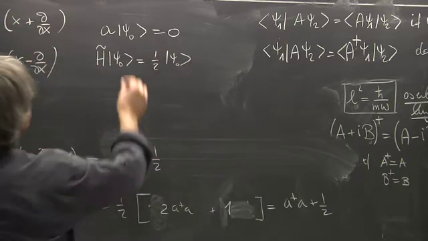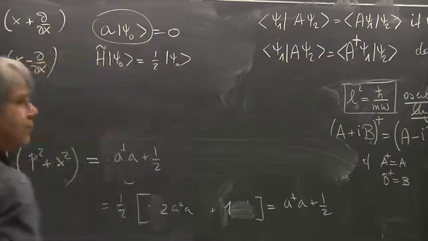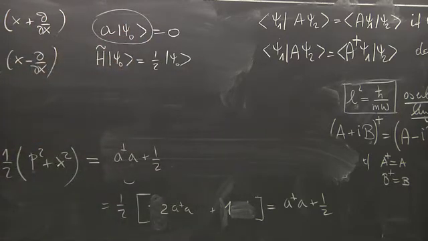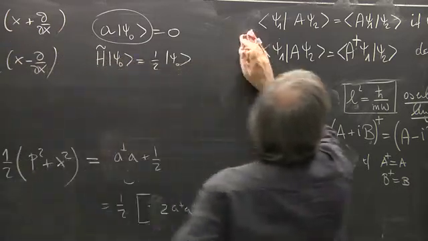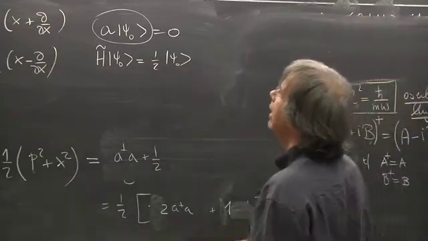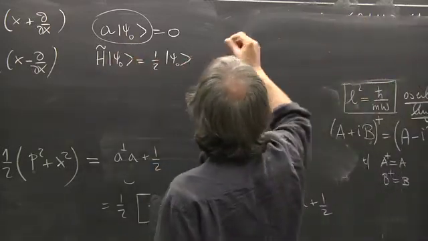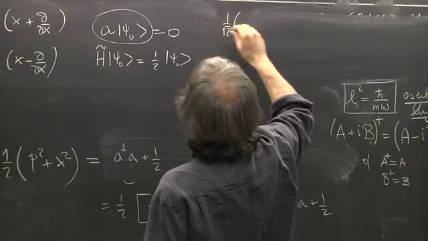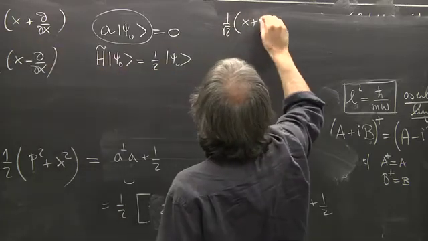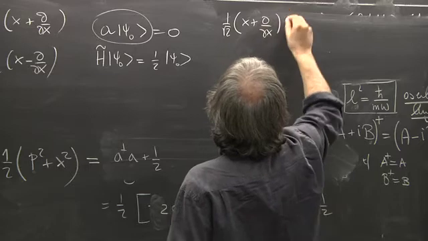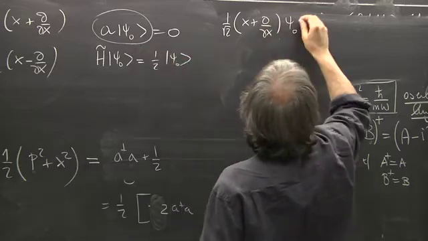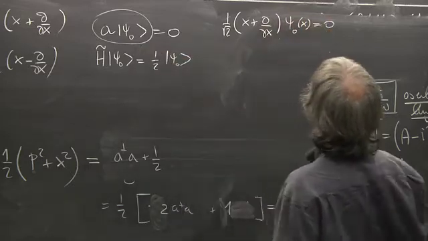Okay? So I have found an eigenstate. You might say, okay, yes, but still I have to satisfy this. Okay? But you can always look at it. What does it mean? It means that I have to find the state psi 0 of x such that 1 over square root of 2 times x plus the derivative with respect to x applied to psi 0 of x is equal to 0.